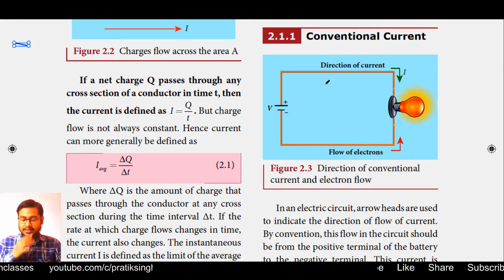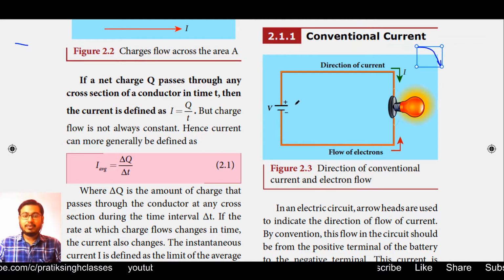Yesterday I shared that the direction of current and the direction of flow of charges are totally different. As given in this Figure 2.3, the direction of current is taken as this green arrow, in the clockwise direction. That means it is coming out from the positive terminal of the battery.